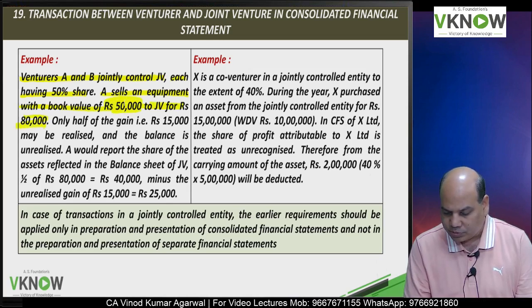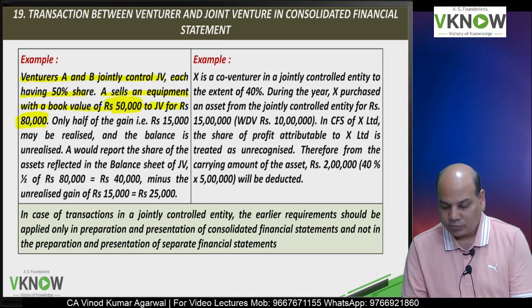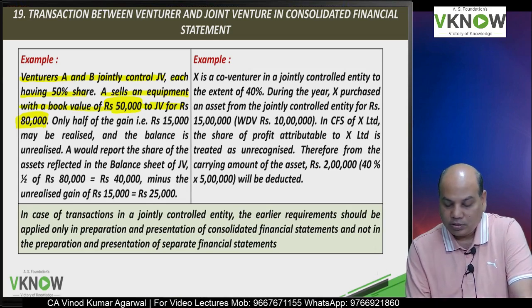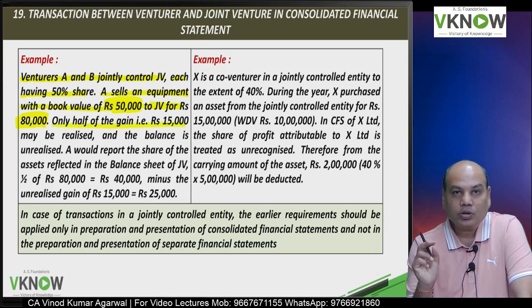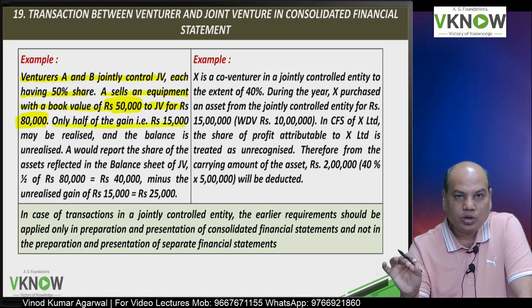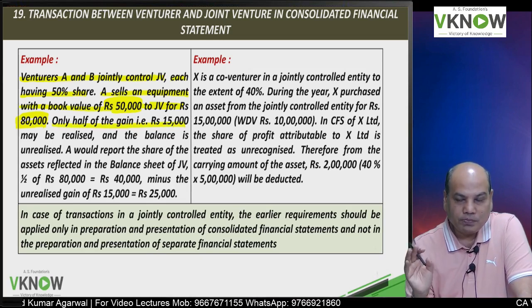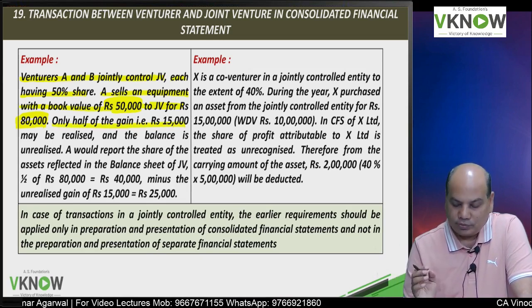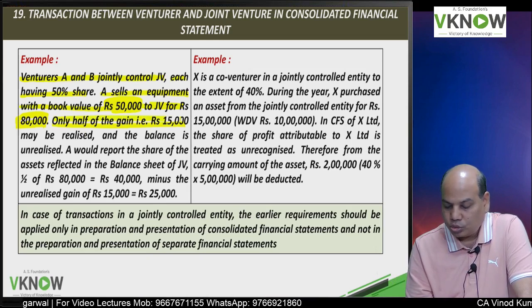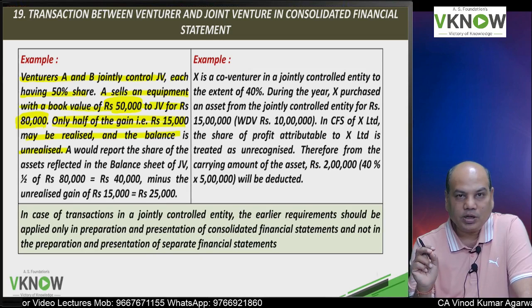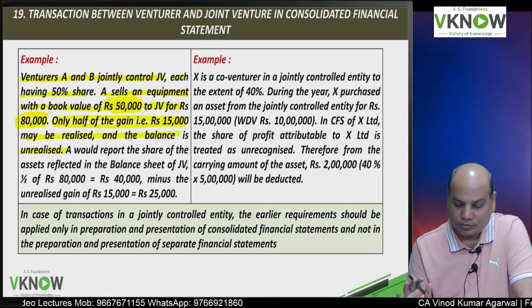So cost is 50, sold for 80. So profit made is 30,000 in this deal, but out of 30,000, 50% belongs to other venturer, 15,000, and 50% belongs to you, that is 15,000. Only 15,000 profit will be realized and 15,000 will be unrealized.